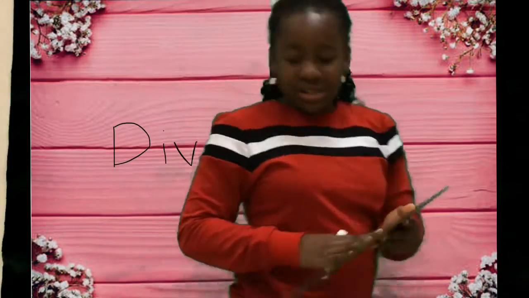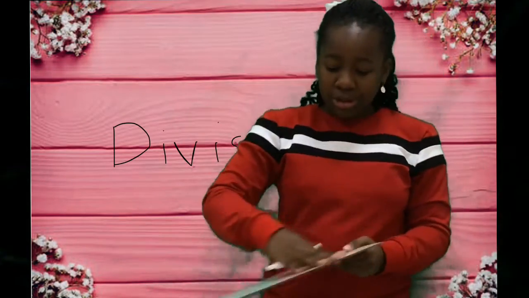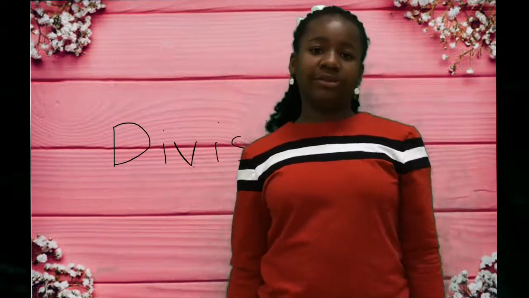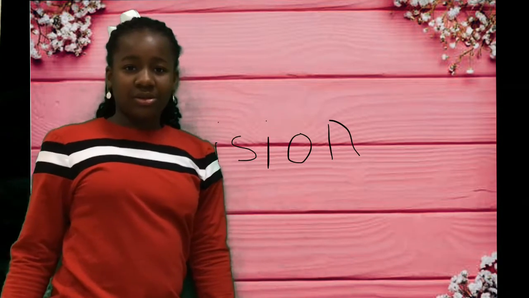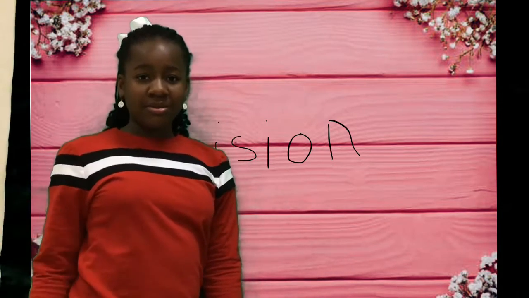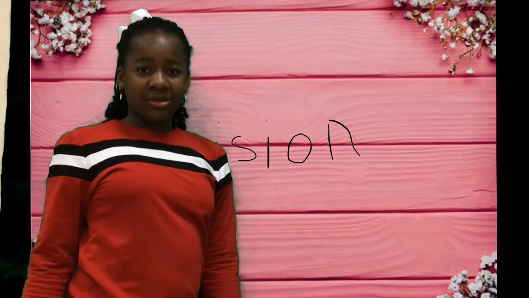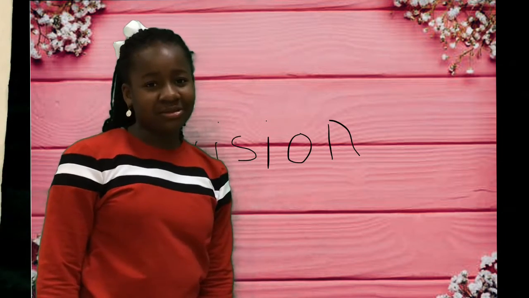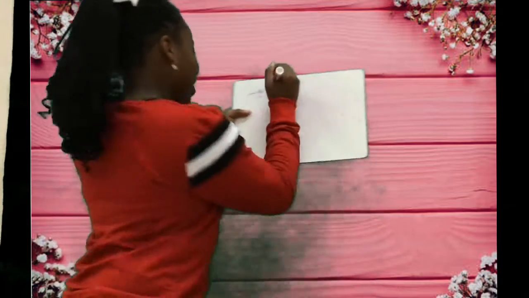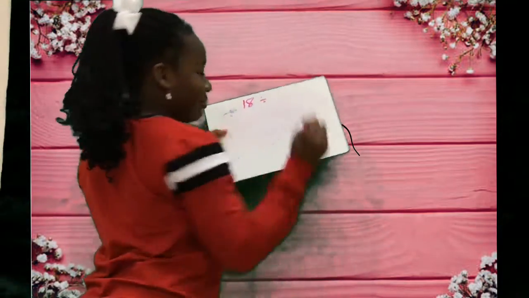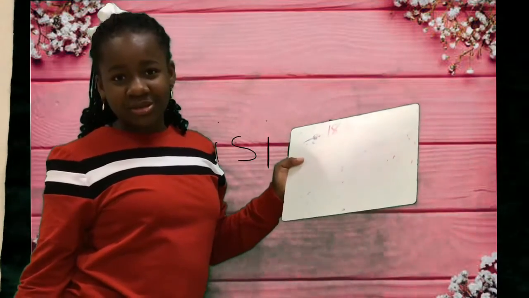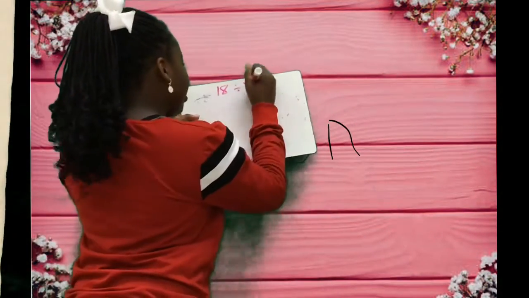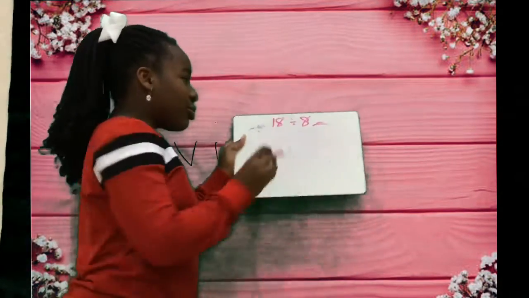So now, let me tell you how you could use equal groups to solve it. So, choose a 2-digit number. 18. Okay, 18. Now choose a 1-digit number. 8. Okay. So we're gonna use equal groups. So we have to draw 8 groups.